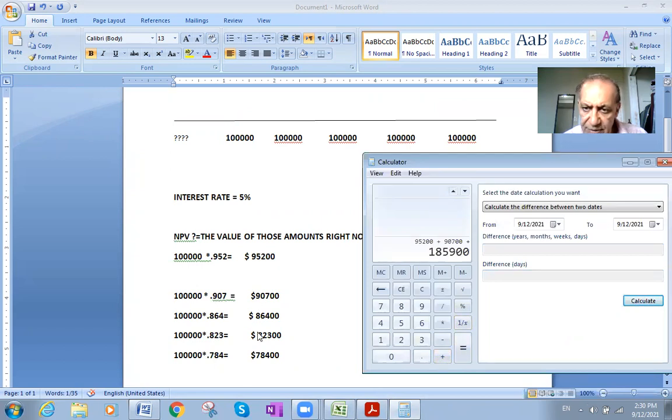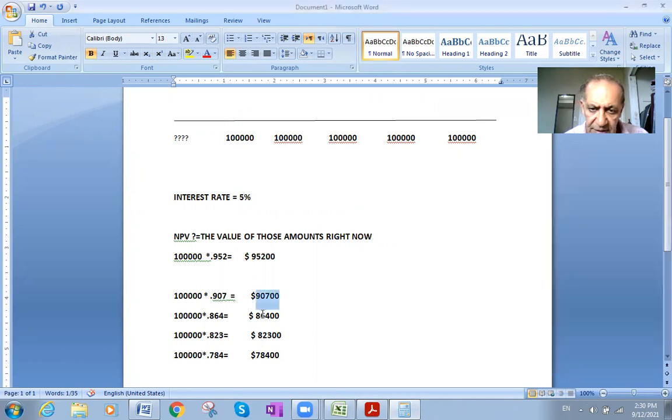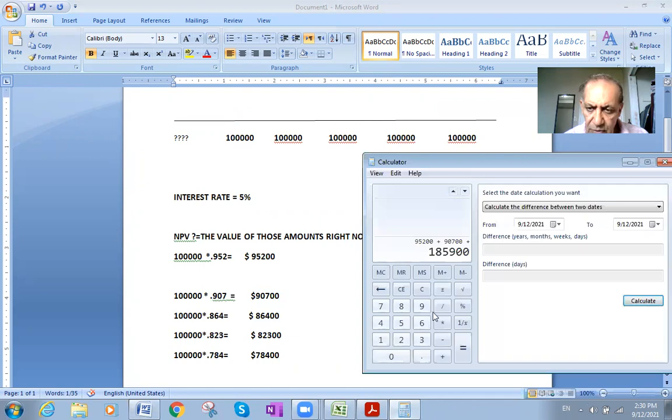The third amount is this amount, Control and C. We'll go here also, Control and V, plus.